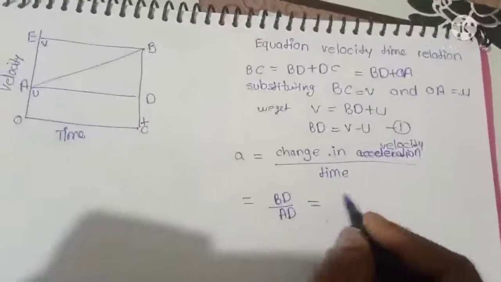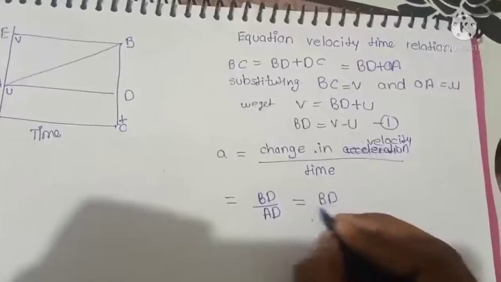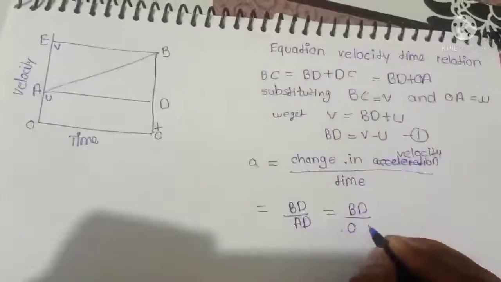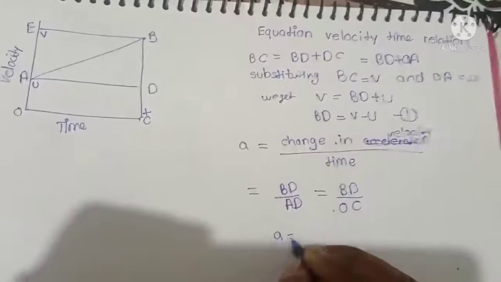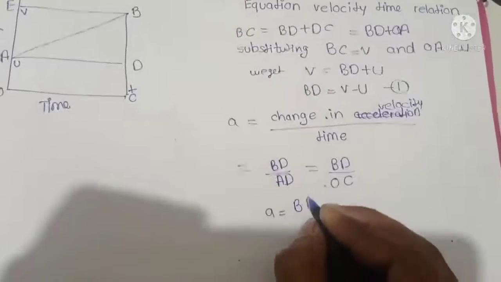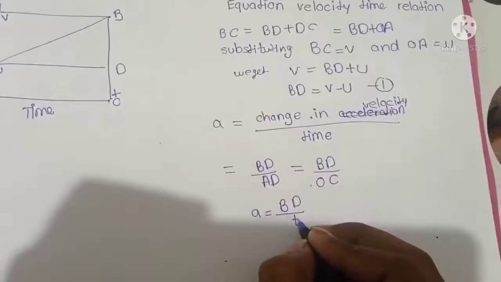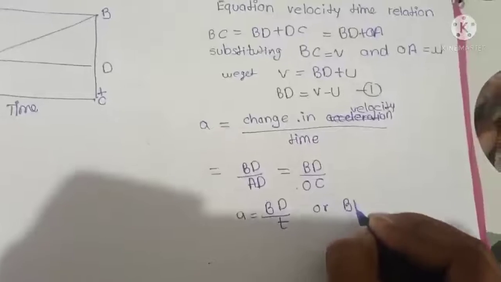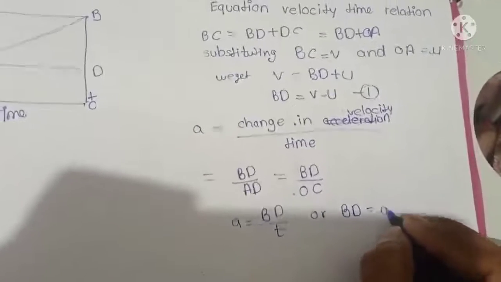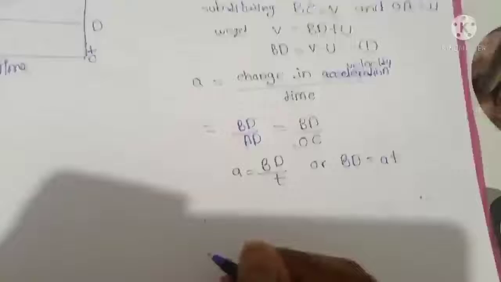Now we can substitute BD upon OC as time. So we get acceleration equals BD upon time, or BD is equal to acceleration into time.